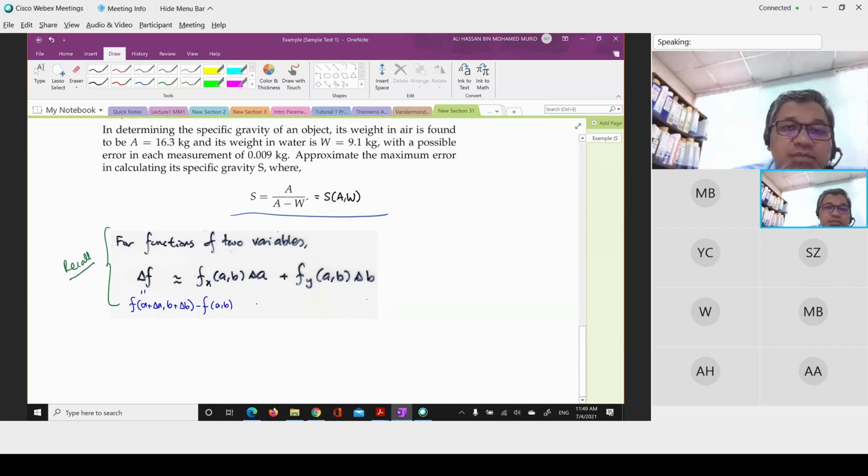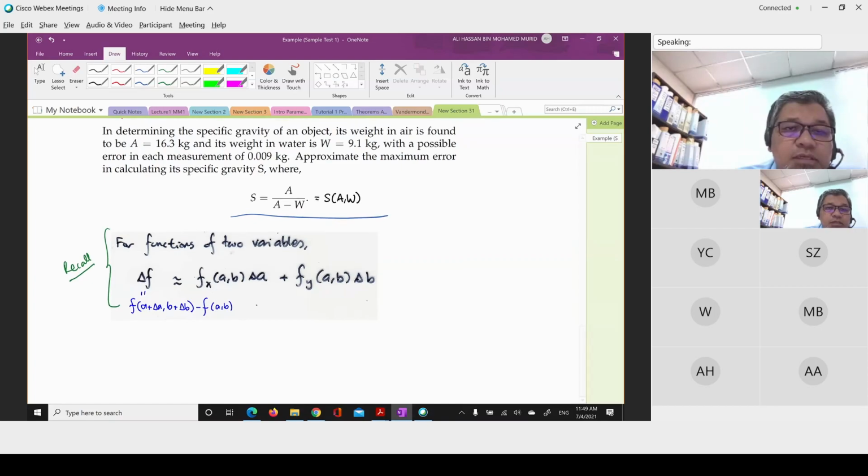What is given? Given A equal to 16.3, W is equal to 9.1.